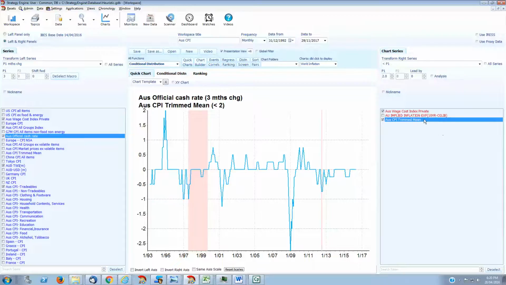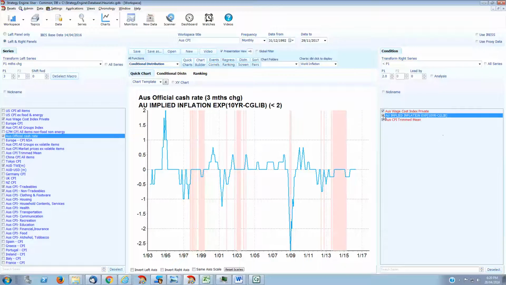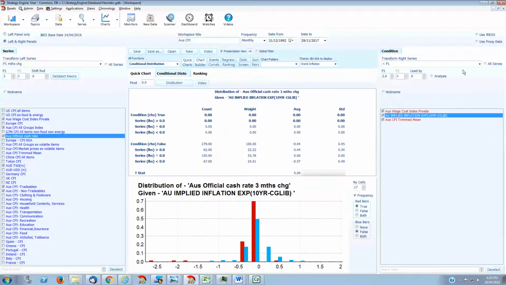indicator. We tend to prefer to look at the implied inflation expectations. And if we look now at periods where that is below, say, 2%, let's have a look at the results here. When it's been below 2%, cash rates on average have declined about 17 basis points, almost 30% of the time over a 3-month period. You can see a higher T-stat, but you still get these periods where they're cut, even though implied inflation expectations are above 2%.